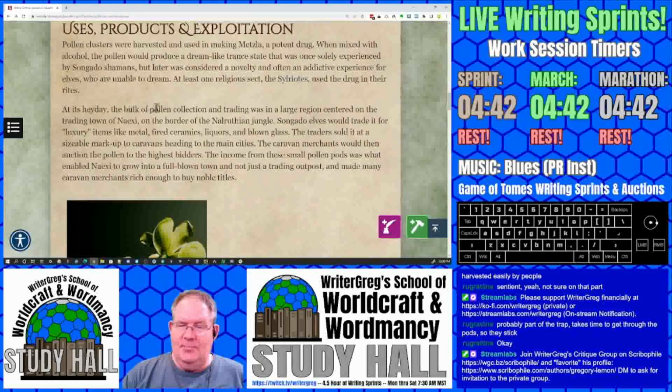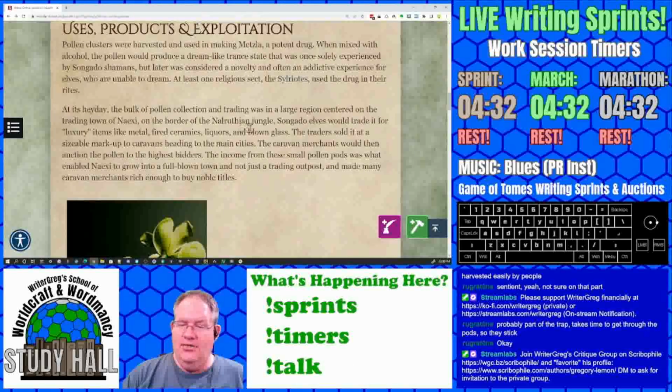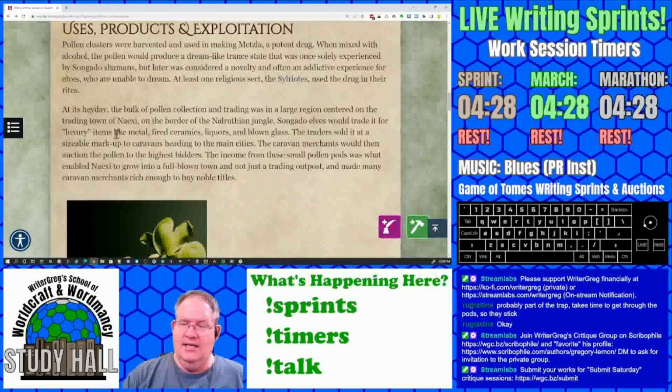In its heyday, the bulk of pollen collection and trading was in a large region centered on the trading town of Naexi, on the border of the Narthuian jungle. Sangado elves would trade it for luxury items like metal, fired ceramics, liquors, and blown glass.